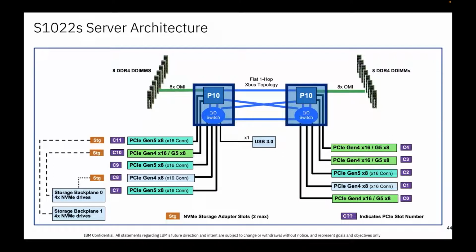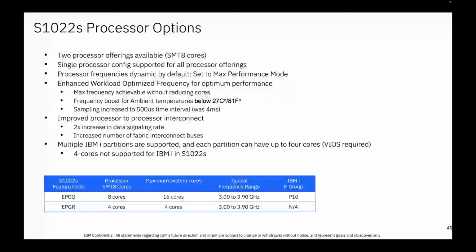competitive advantage is software that licenses by core. 2 options for processor feature codes, and we can't run the 4-core with I. There's been some requests for that, so now is the time for asking for feature code enhancements, RPQs for things that aren't enabled.